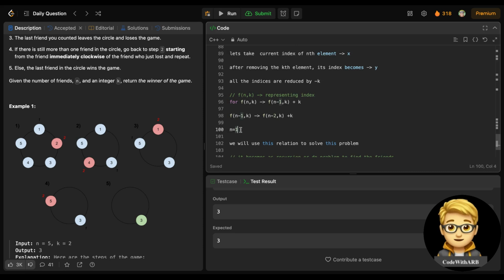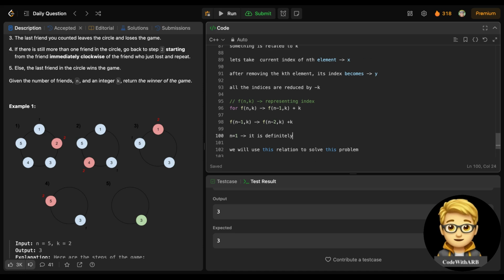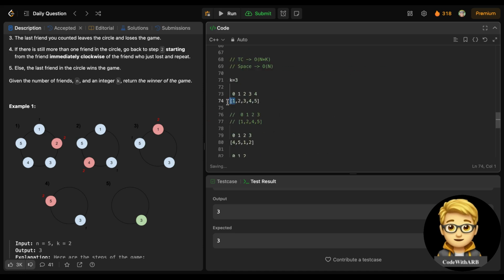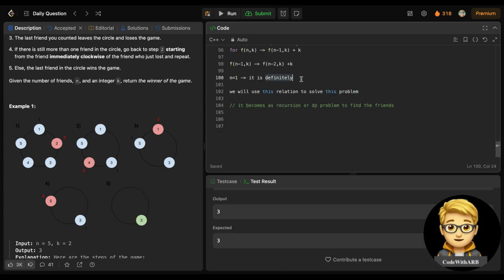When we are left with only one element, it is definitely at index 0. So this will be our base case, right?